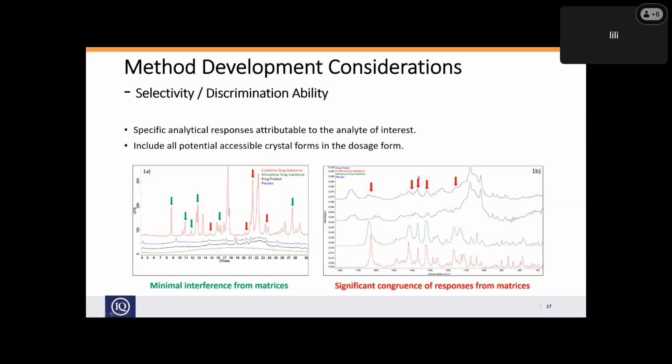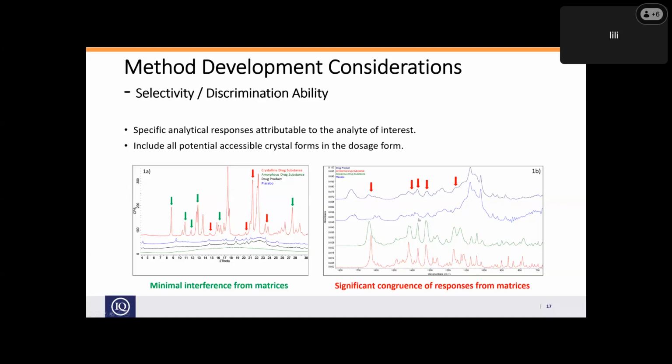However, in the right figure of the IR spectra, the peaks of crystalline drug substance marked by the red arrows also have significant overlap with peaks from either amorphous drug substance or the drug product matrix.